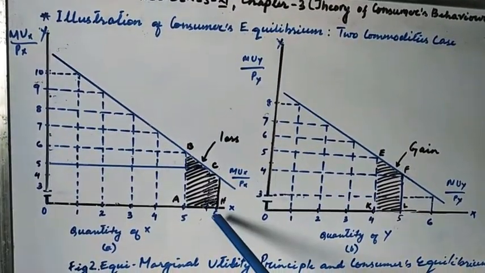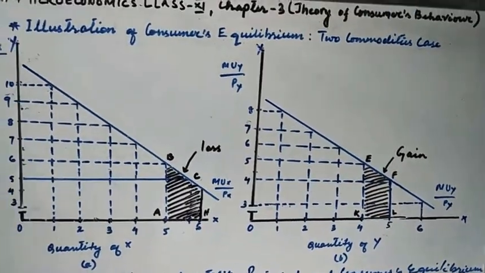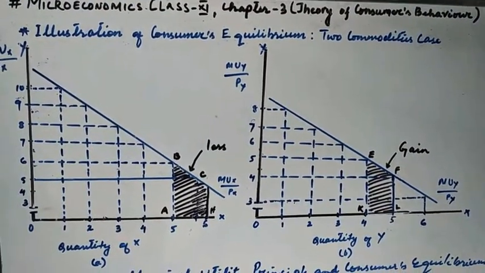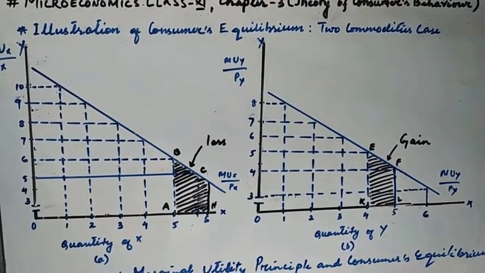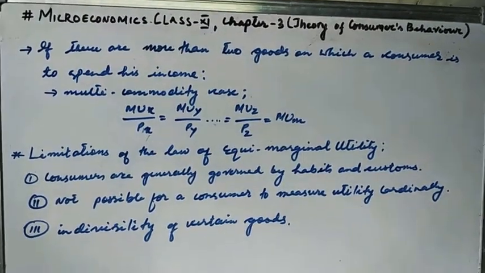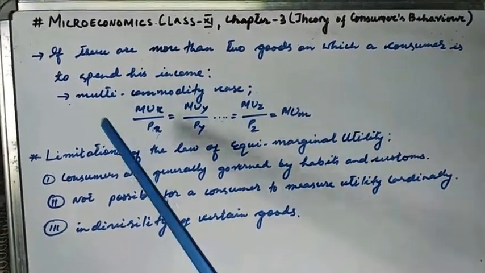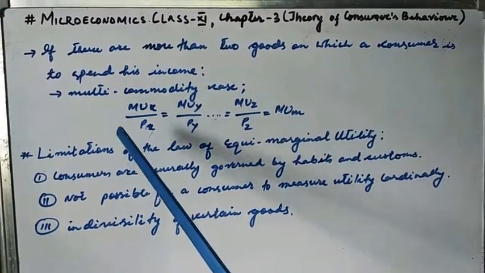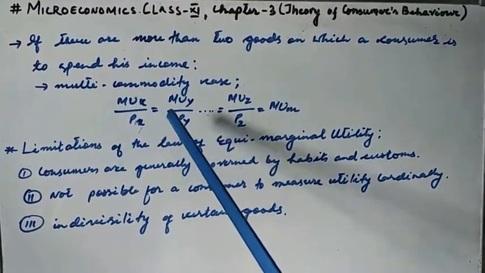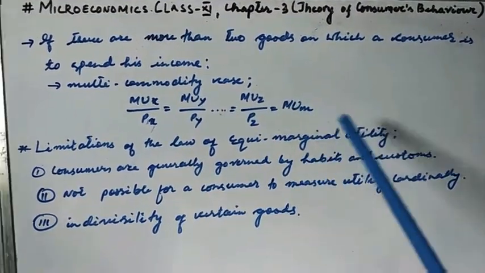So it is only at 6 units of good X and 4 units of good Y that a consumer will attain equilibrium in the case of two commodities. So we have discussed consumer's equilibrium in the case of two commodities. In a multi-commodity case, the equilibrium position will hold true in this equation: MUX/PX equals MUY/PY equals MUZ/PZ equals MUM.